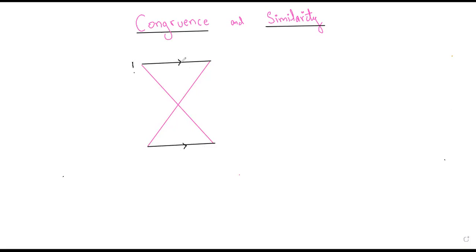And this is A, B, C, D, and E. And you need to prove that triangle ABC is similar to triangle DEC.